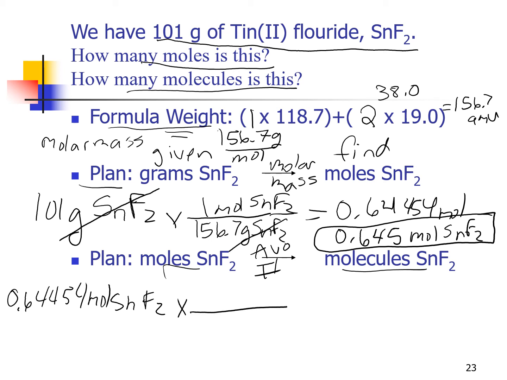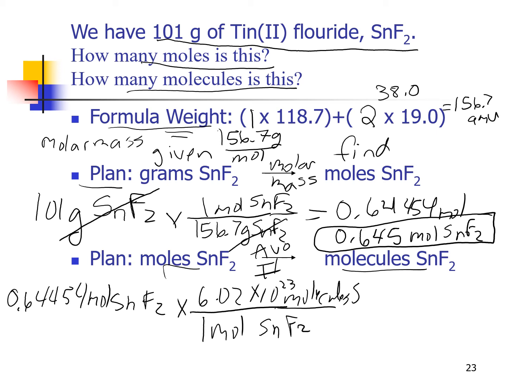And then our conversion factor, as Avogadro's number tells us that 1 mole contains 6.02 times 10 to the 23rd molecules of SnF2.